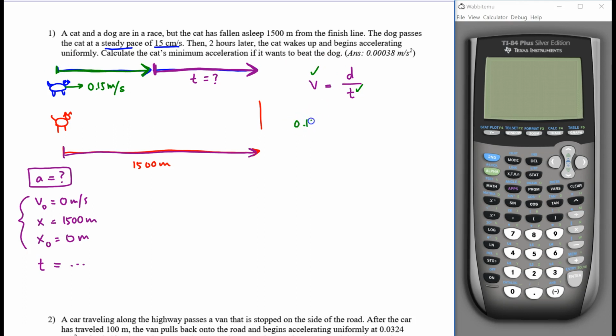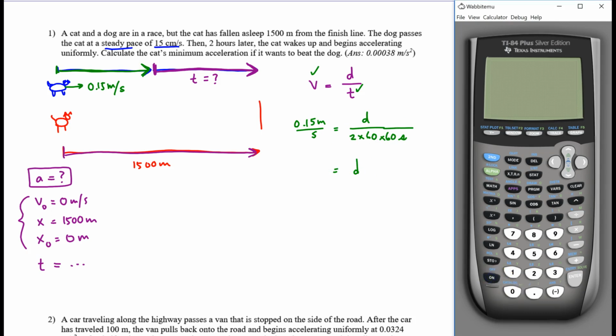Okay, so I do 0.15 meters per second. For the time, I can't put hours because the denominator of the left side is seconds. So I convert that. 2 hours has 60 minutes, and each of those 60 minutes has 60 seconds. I cross multiply.